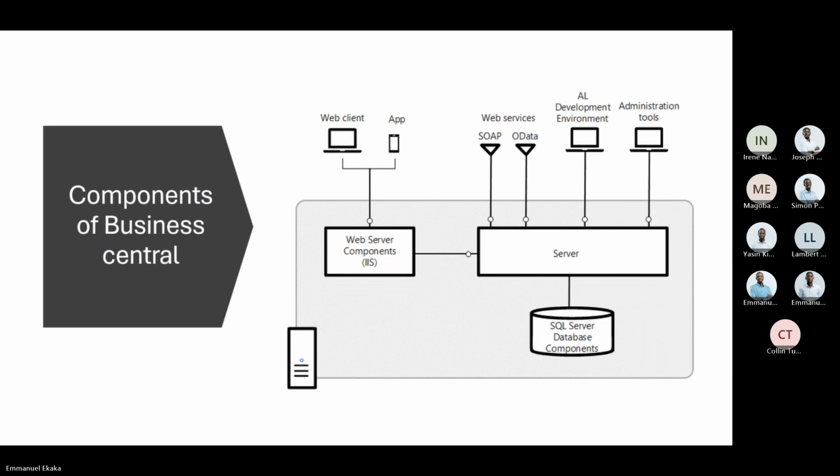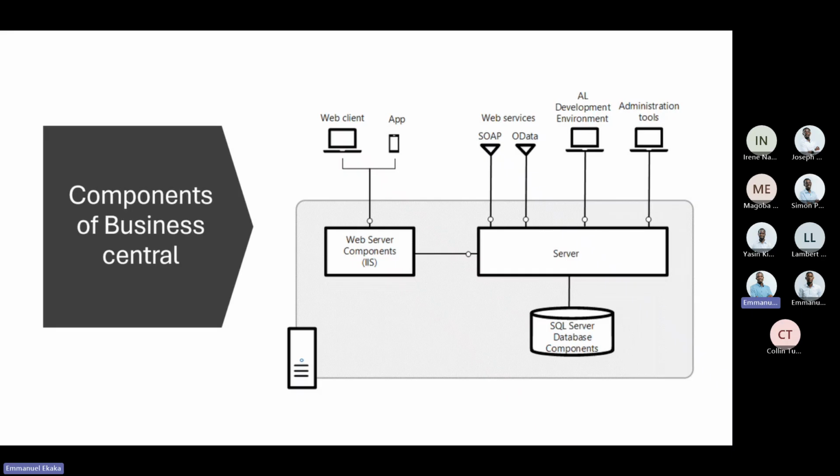Then, Business Central is made up of components. There are 3 components. There's a web server, from where we can access the UI. Then there is a server which communicates to the database. Then the database is where the data is stored. From the web server, you can access the UI of Business Central through a laptop or a phone application.